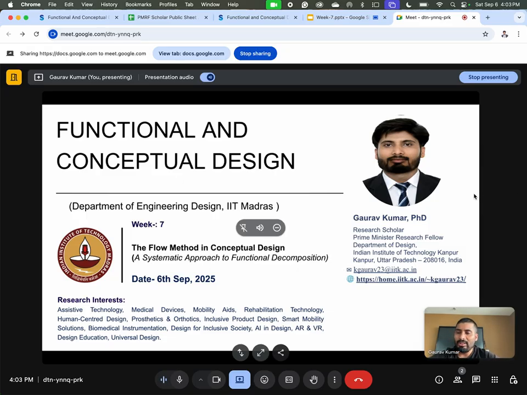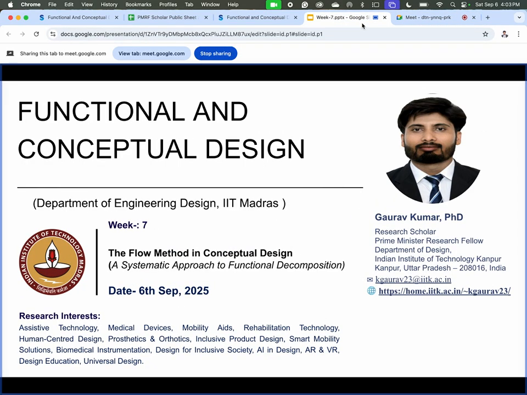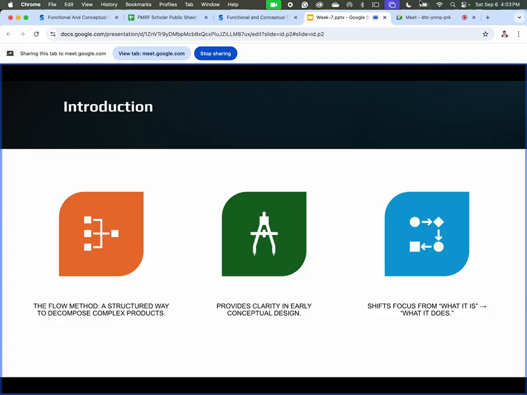Moving to the next slide, the introduction. The flow method is essentially about breaking down complex systems into smaller functional elements.